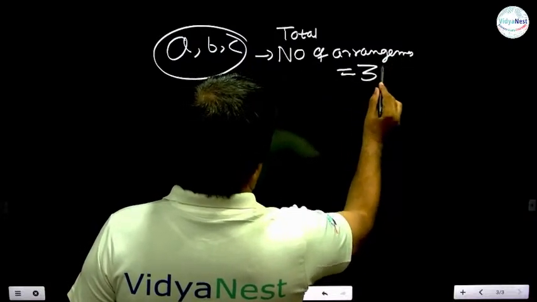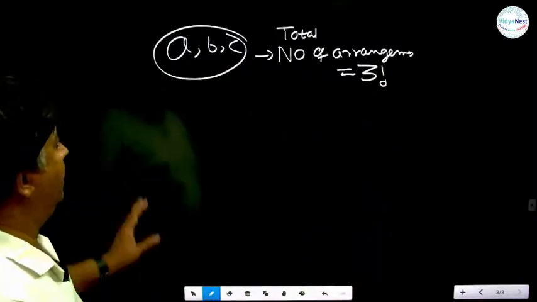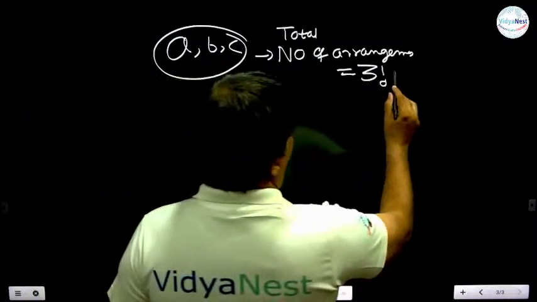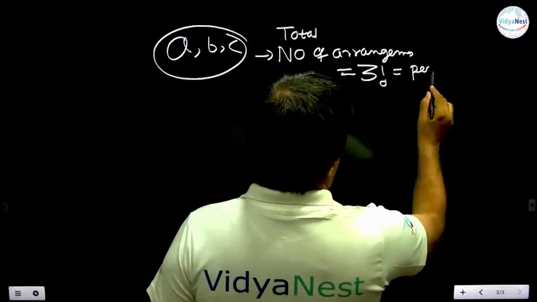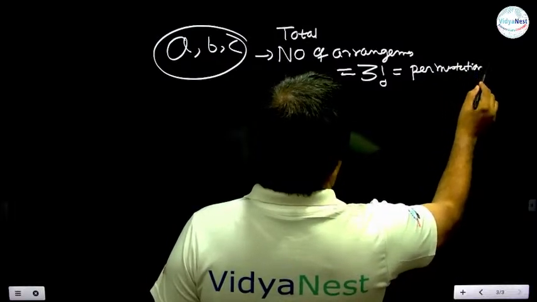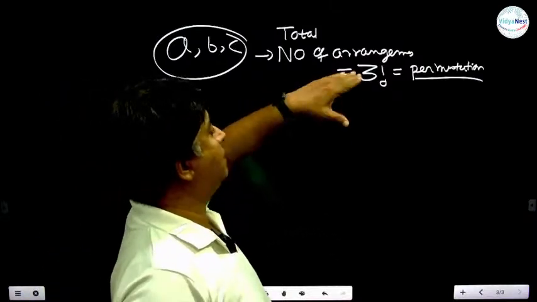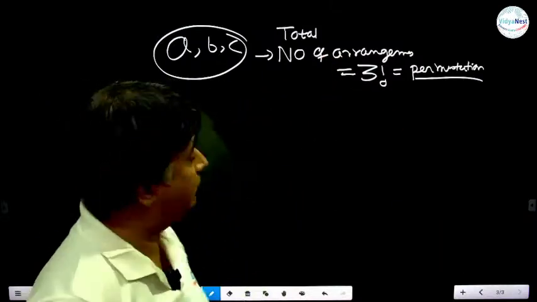Factorial 3. You know that exclamatory sign. That is permutation, 3P3 or factorial 3. Either you can say 3P3 or factorial 3.